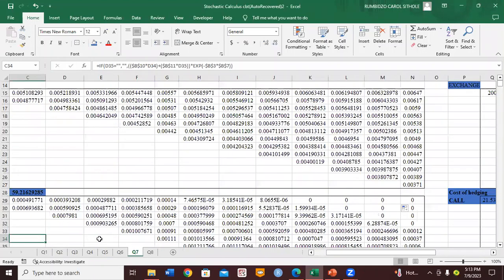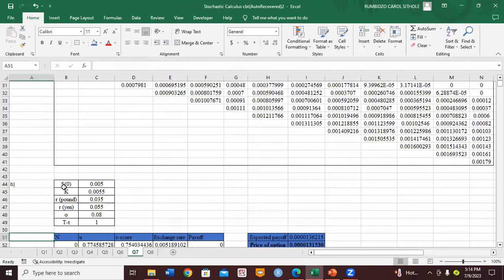Yeah. So we'll still use the given information that we were given, the S0, the spot price, the strike price, our R rate, risk-free interest rate for the pound, and for the yen, our sigma volatility and our time is equal to 1.